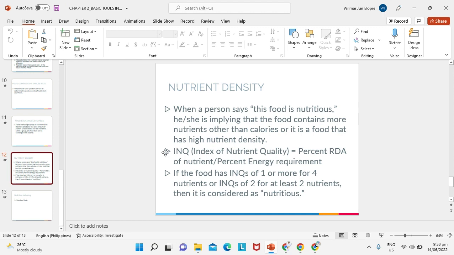So we use this formula in order to say whether this food item is considered nutritious or not. Okay? So mao ni ang criteria. So I'll also show you on how to compute the nutrient density maybe on Friday online gihapon. Okay, kay I think dili na maapas sa face-to-face nga part.